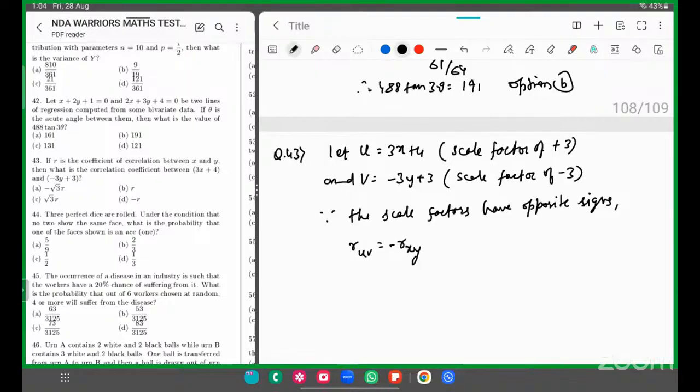Opposite sign means negative, so it will be minus r.